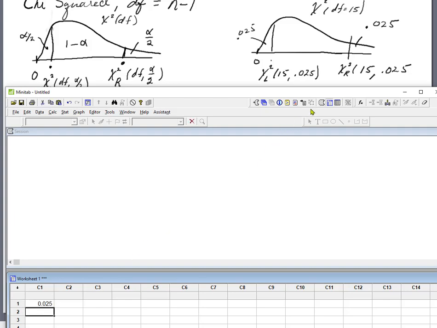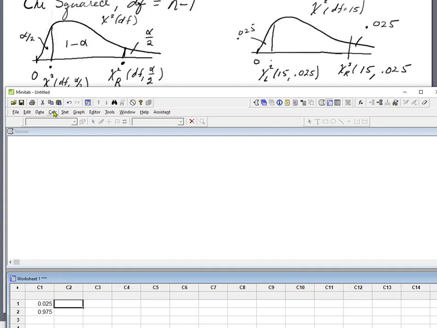And then the area to the left of this chi-square, 0.025 to the right, so 0.975 to the left. So down here, let's type in 0.975. And now I've got the two areas that I want to know the boundaries for in columns on this spreadsheet. Now watch how easy this is to finish.